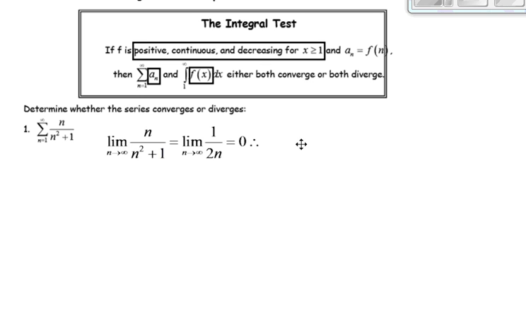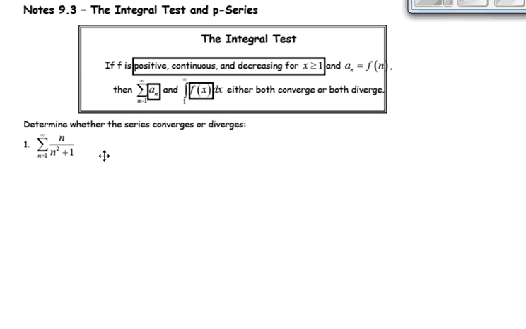But we don't have to apply L'Hopital's rule here because this is a polynomial over polynomial. So we could have just said low degree over high degree, therefore the limit is 0. So therefore this is inconclusive by the nth term test. So since we can't use the nth term test on this one, and it's not a geometric series, we're going to apply the integral test.